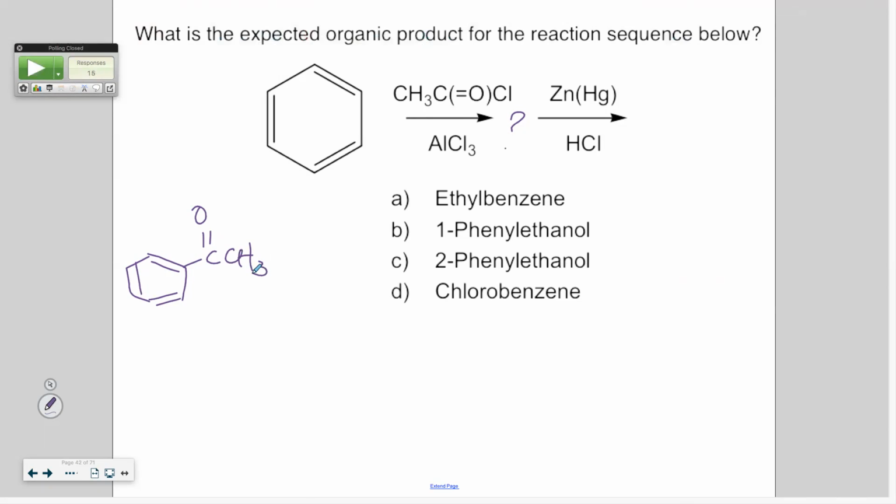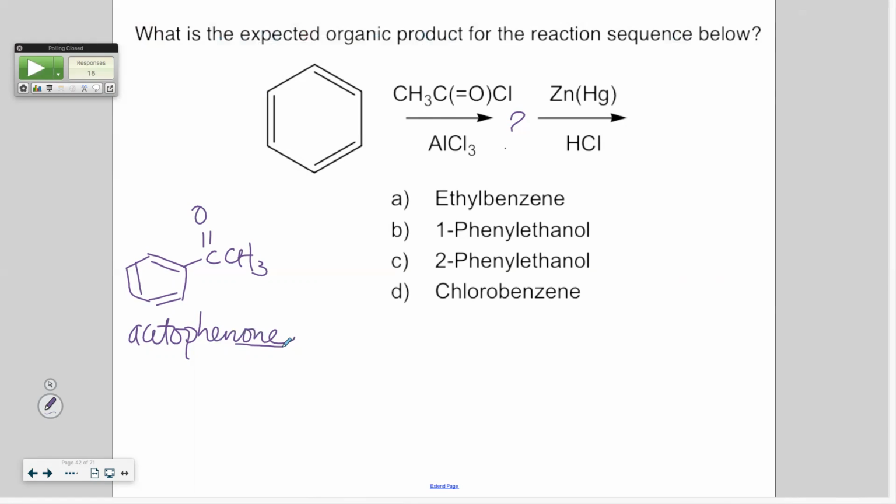Acetophenone. That's a special name, and the ON is for the ketone. I'll go over ketones and aldehydes in the lecture you get later this week.